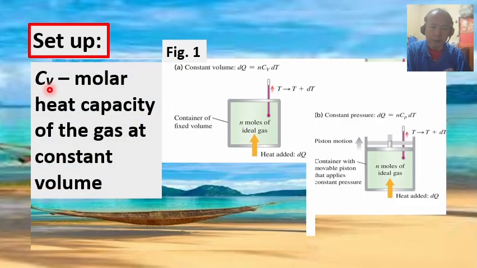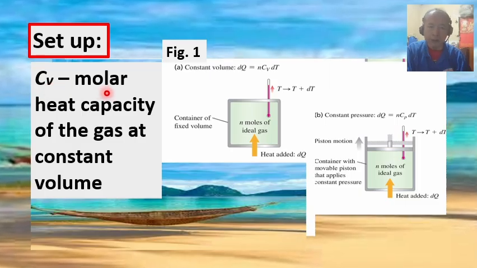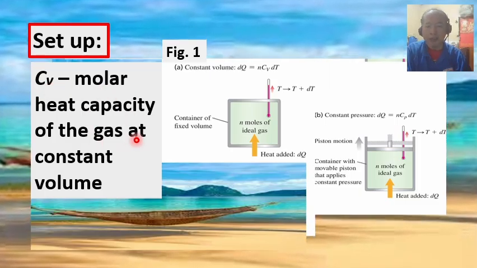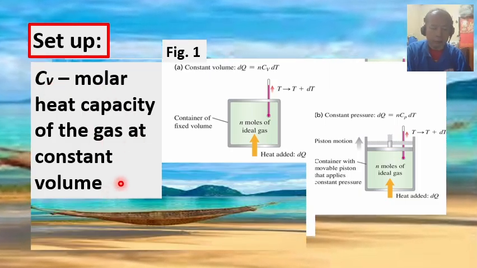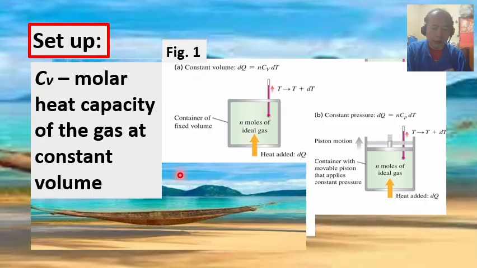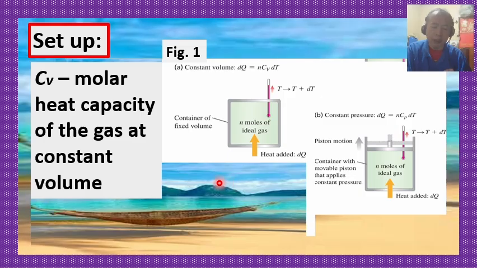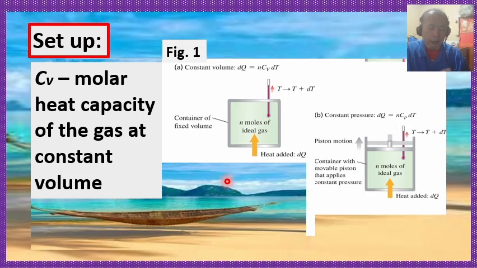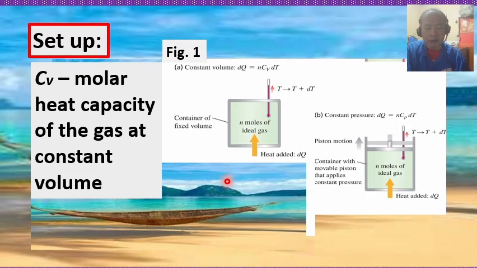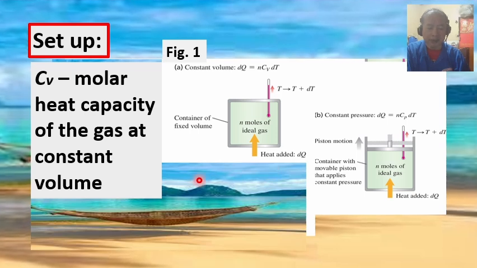Capital C sub V refers to the molar heat capacity of the gas at constant volume. In figure 1a, the method of measuring this molar heat capacity at constant volume is illustrated.